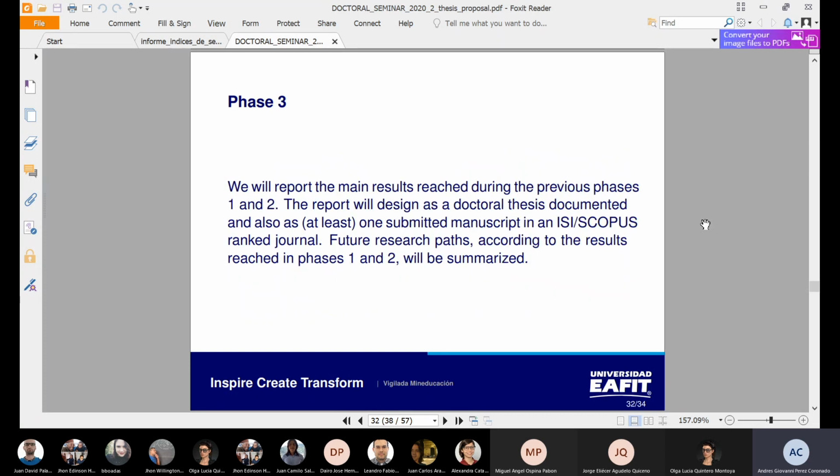And phase 3: make a research report of phases 1 and 2, and design a doctoral thesis documented with at least one manuscript submitted to an ISI or Scopus ranked journal.